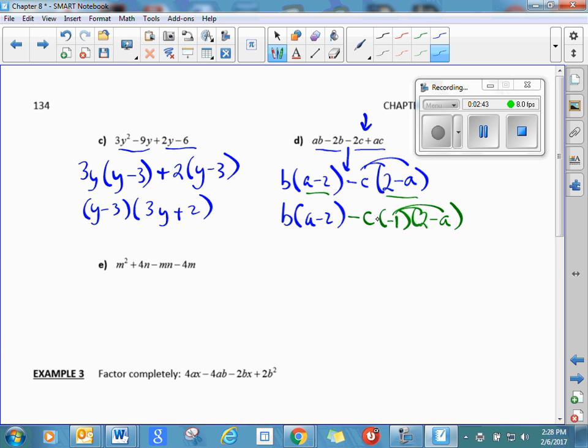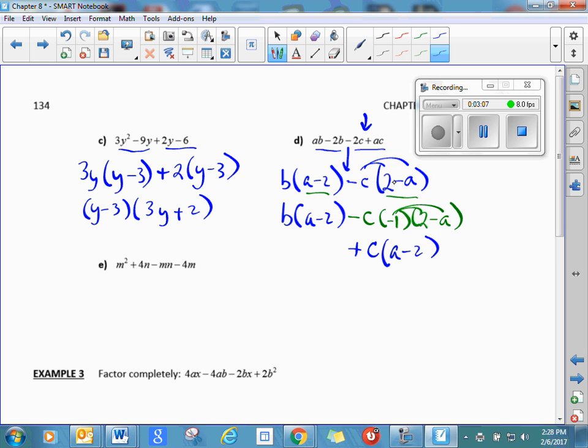This is the same. And then I've got a minus 2 times a minus c. So the c is what you factored out. So this becomes plus c. Minus times minus is plus. And your a minus 2 switches on the inside.